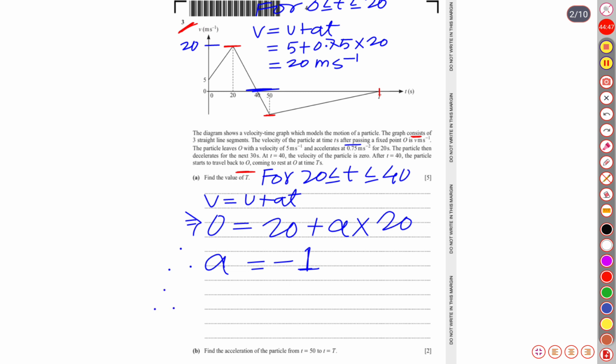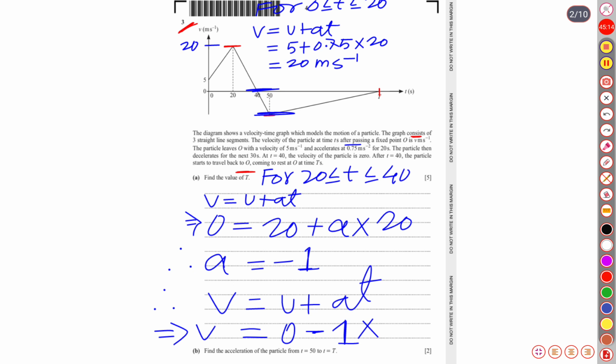Hence we can find this point. So again v is equal to u plus at. Our velocity is to be obtained. The initial velocity is 0 and the acceleration is negative 1, which we have just found, and the time is 10 seconds.